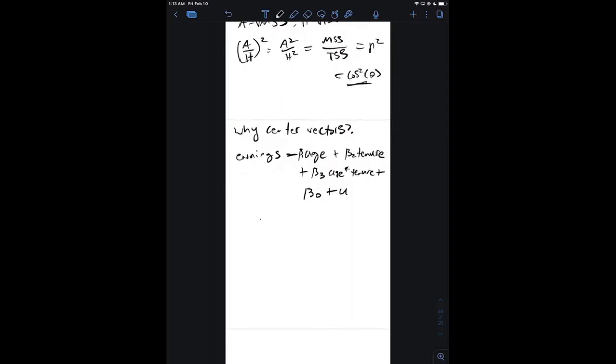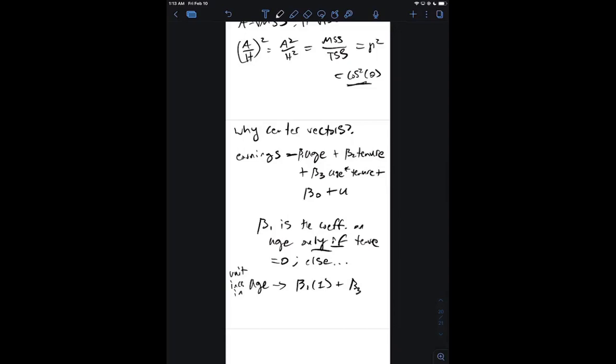So the coefficient of age, beta 1, is the coefficient on age only if tenure equals 0, because otherwise we'll say a unit increase in age leads to beta 1 times 1 plus beta 3 times 1 times tenure.